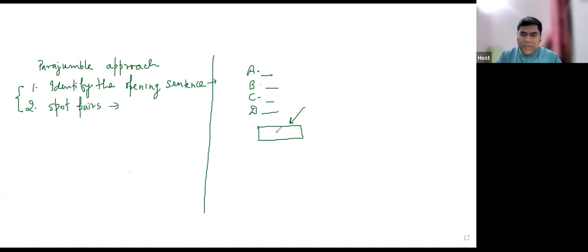So for example, in this case, you would say that D is the opening sentence, and I believe that CA is a pair, or D is the opening sentence, and definitely DC is a pair. So the moment you have finished step one and step two, automatically you have a 50% chance of getting the answer correct.